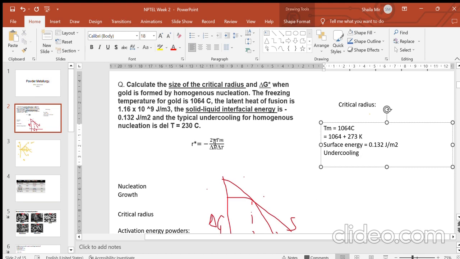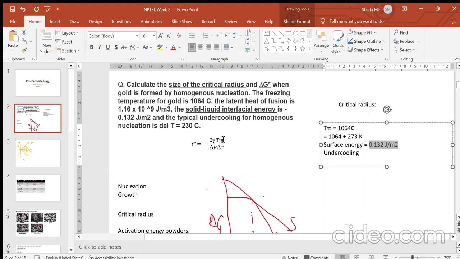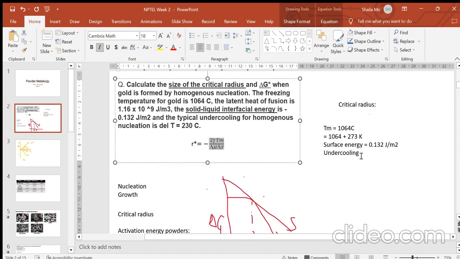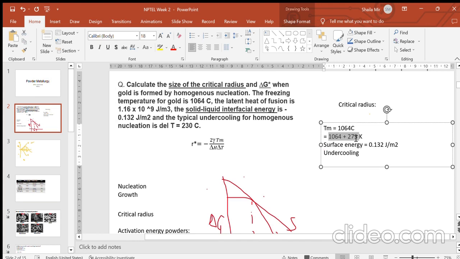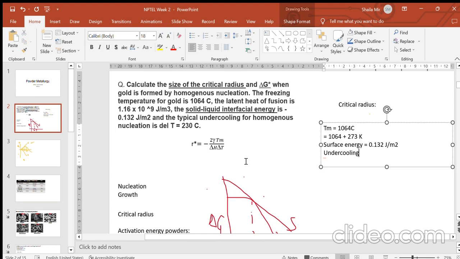So we have surface energy which is given by gamma, which is 0.132. Then we have the melting temperature which is 1064 plus 273 Kelvin. Then we have the undercooling which is delta T. So that will be 230 Kelvin. We can write it like that.